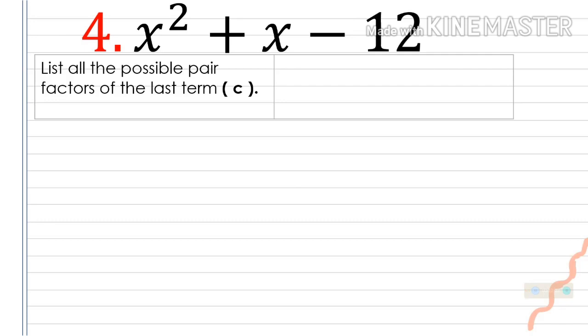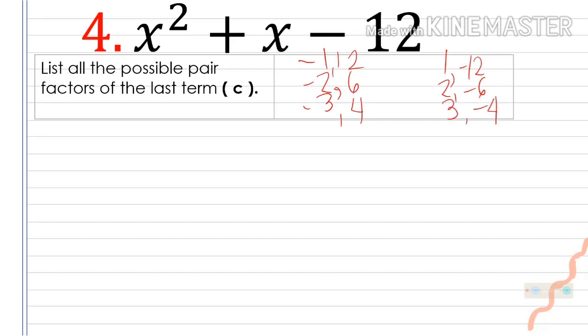So we have negative 1 and 12, negative 2 and 6, negative 3 and 4, 1 and negative 12, 2 and negative 6, and 3 and negative 4.